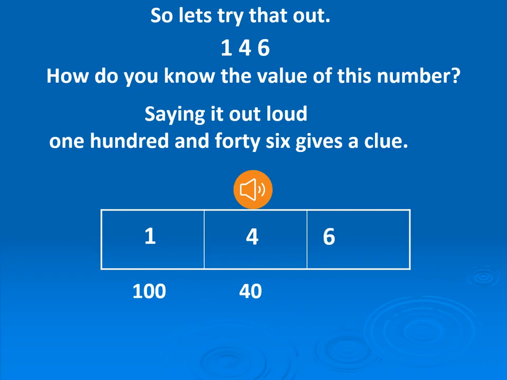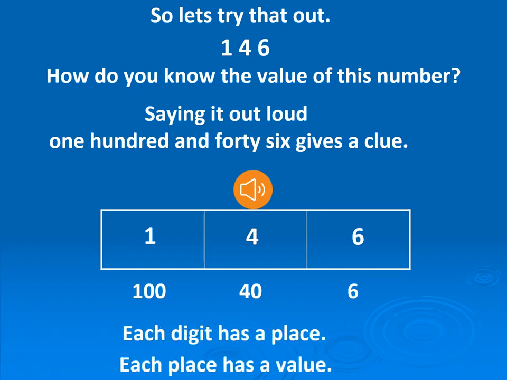It itself gives us a clue about the place value of these digits as 100. That means 1 is at the 100's place, 40, that means 4 is at the 10's place, and 6 is at the 1's place. So each digit has a place and each place has a value.